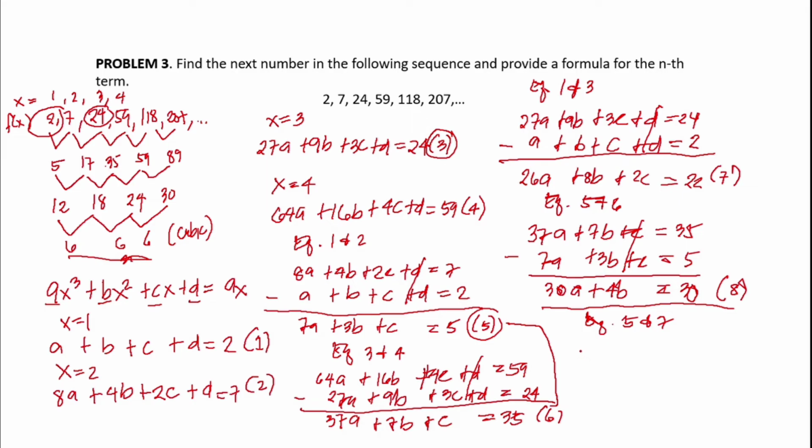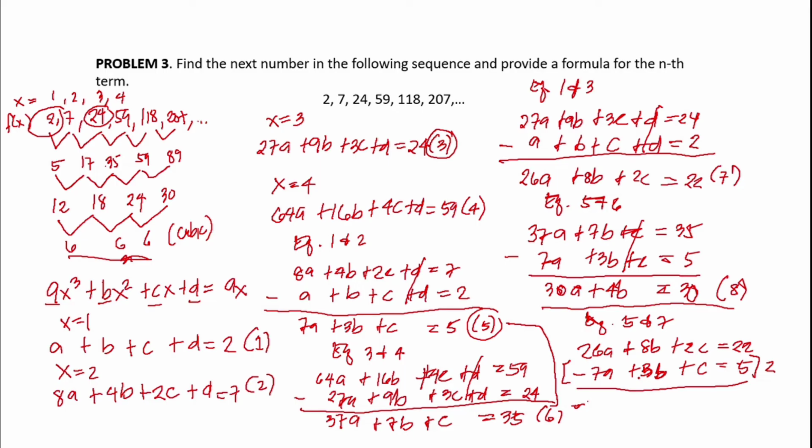So we have here 5 and 7, 26a plus 8b plus 2c is equal to 22 minus 7a plus 3b plus c is equal to 5. Alright, so we have to multiply it first. In order for us to cancel c, multiplied by 2. So this is negative 14. Okay, we'll continue this part.